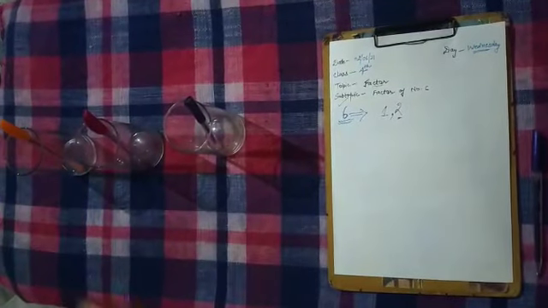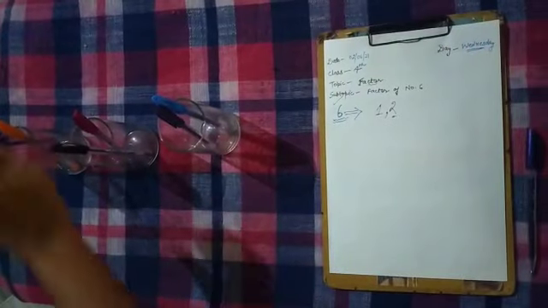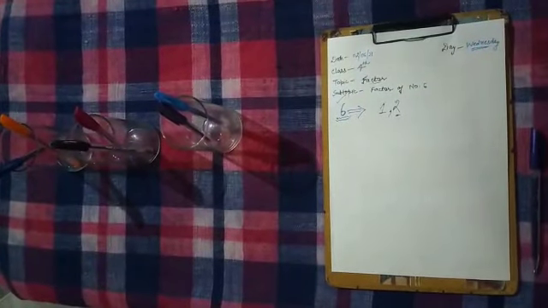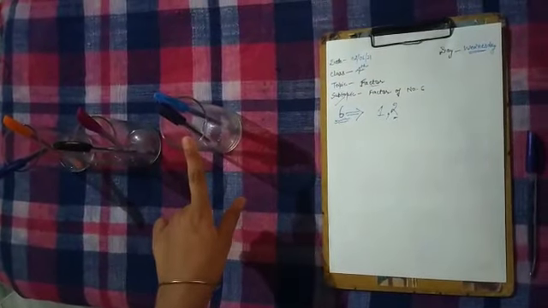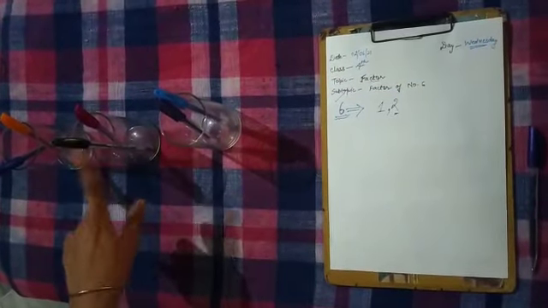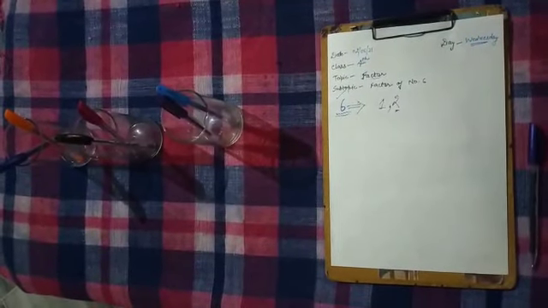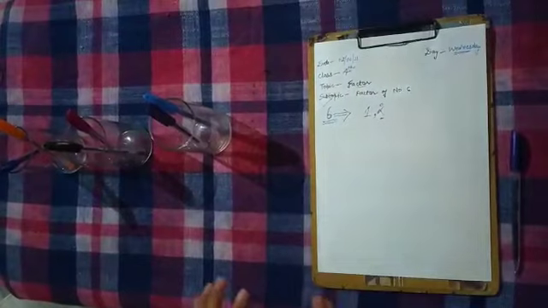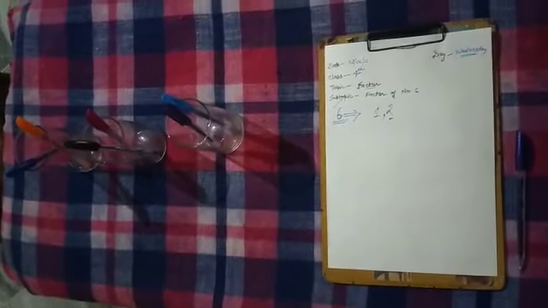One pen in the first glass, second glass, then third glass, and the same way again. Now see, have we divided all these pens equally or not? In the first glass there are 2 pens, in the second glass 2 pens, in the third glass also 2 pens. So in each glass there are 2 pens.